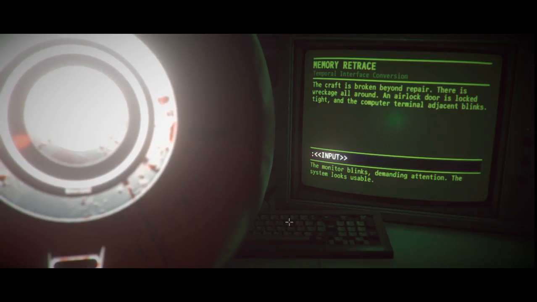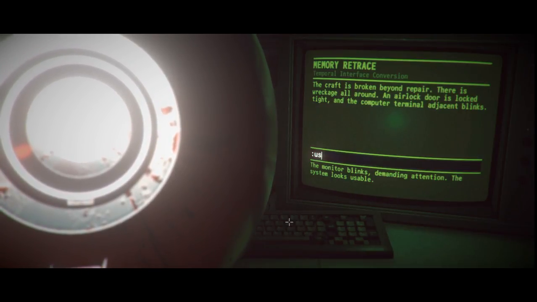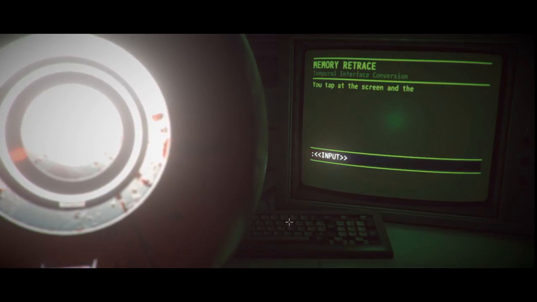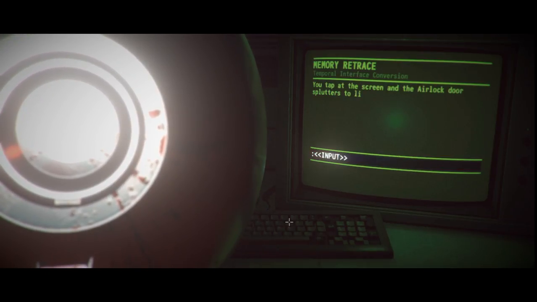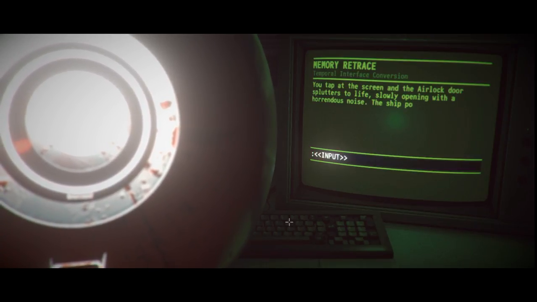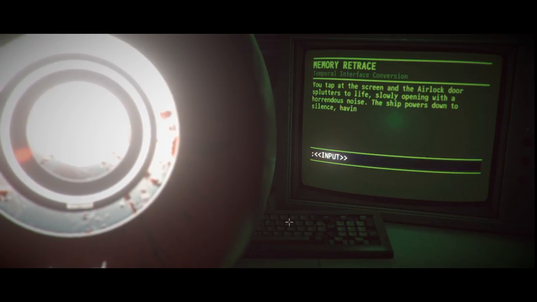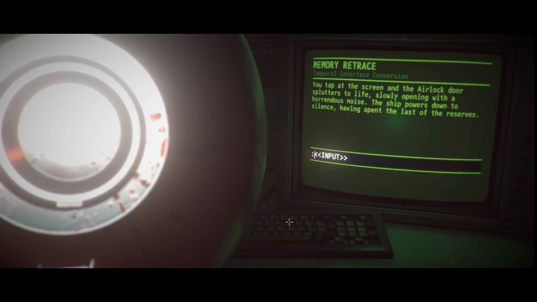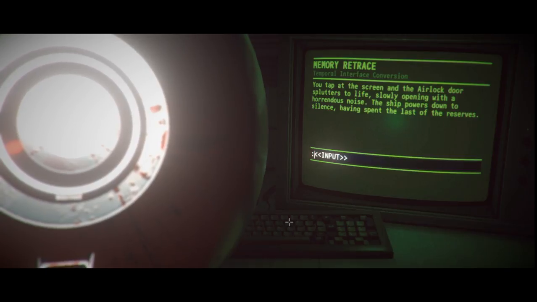The system looks usable. You tap onto the screen and the airlock door splutters to life, slowly opening with a horrendous noise. The ship powers down to silence, having spent the last of the reserves.